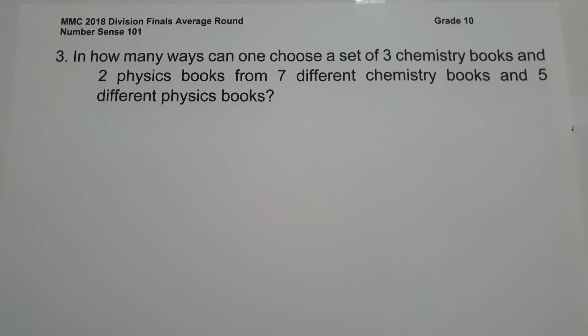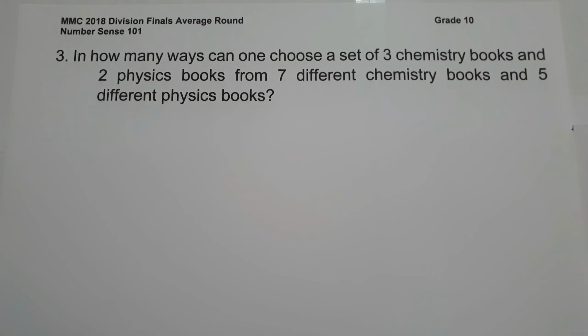On number 3, in how many ways can one choose a set of 3 chemistry books and 2 physics books from 7 different chemistry books and 5 different physics books? To find the number of ways, let us use combination.